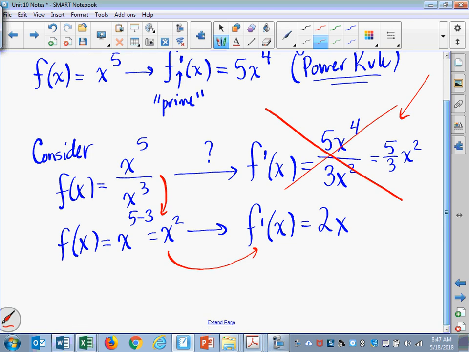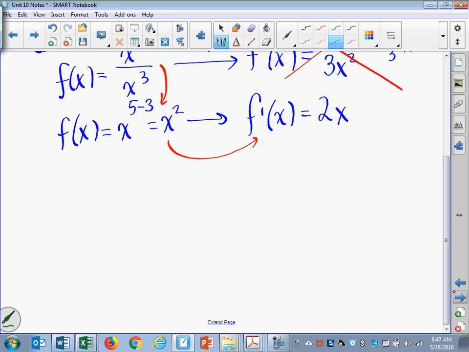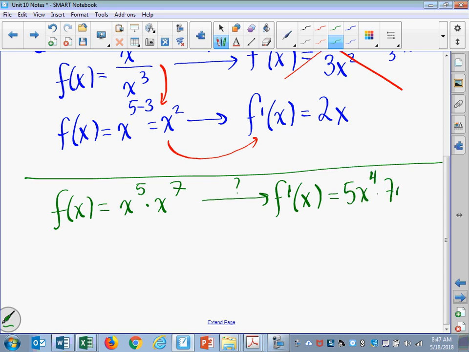Here's another example, one more before we get started on the notes. What if I have a function like f of x equals x to the fifth times x to the seventh? Can I just use the power rule on each one? Maybe the derivative, f prime of x, is equal to 5x to the fourth times 7x to the sixth. We don't know if that's right.